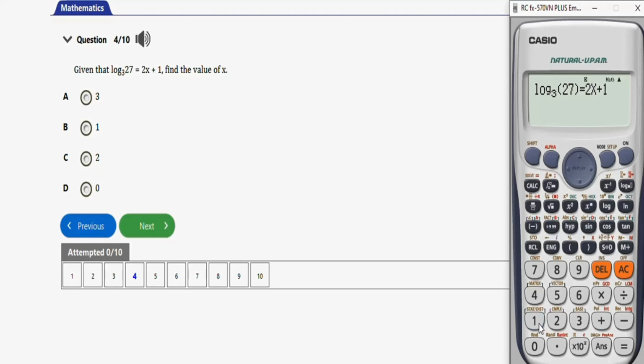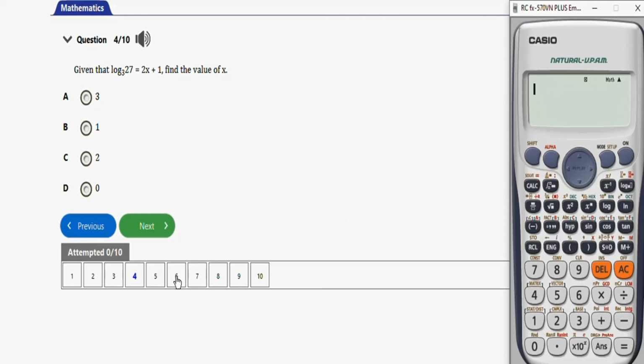So that's it, guys. To solve this now, press shift and this calc button. When you get to assign x to be 0, very important, press equal to. So x is what? 1, option B. So that's it for this question.